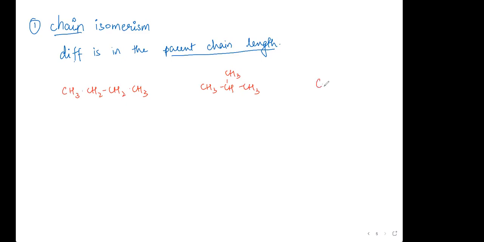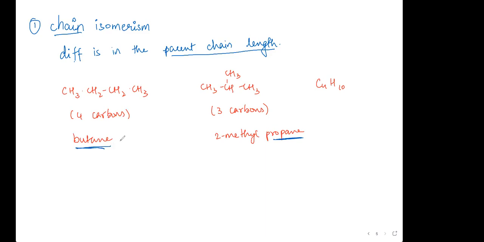So both have the molecular formula C4H10, but here the chain length is 4 carbon atoms, and here the chain length is 3 carbon atoms, right? That's why you can see the difference in the IUPAC name also. This is butane, and this is 2-methyl propane. So wherever you find chain isomerism, there is an obvious difference in the parent name itself. Here it is butane, here propane, because there is a difference in the parent chain length.